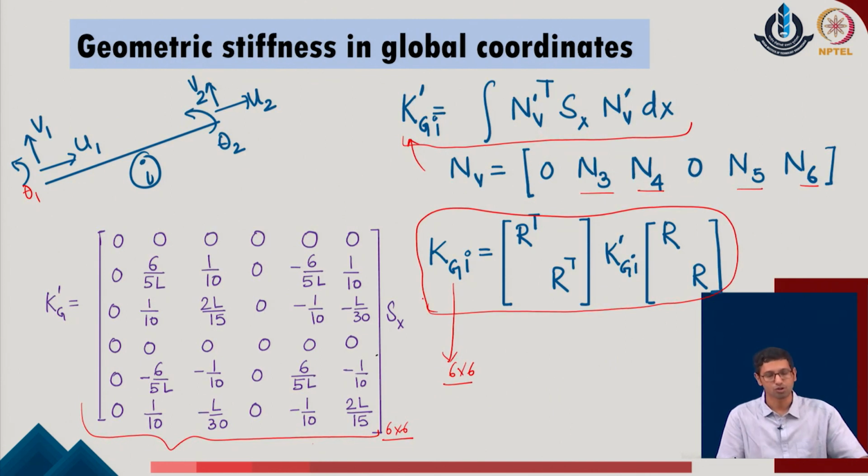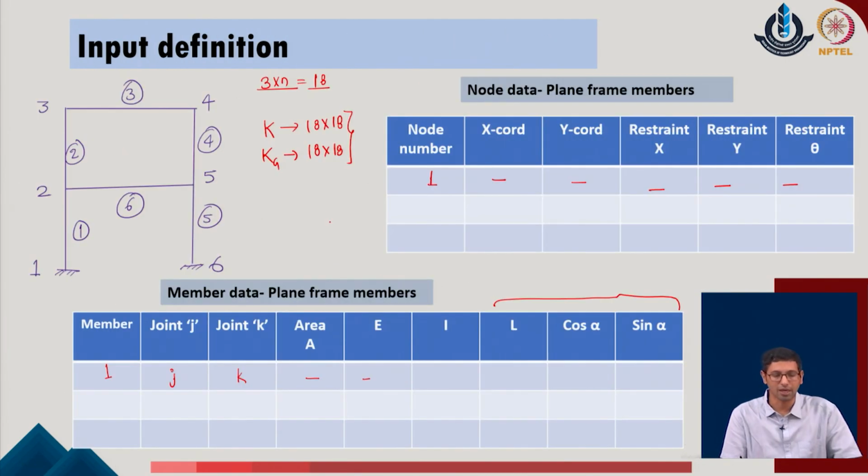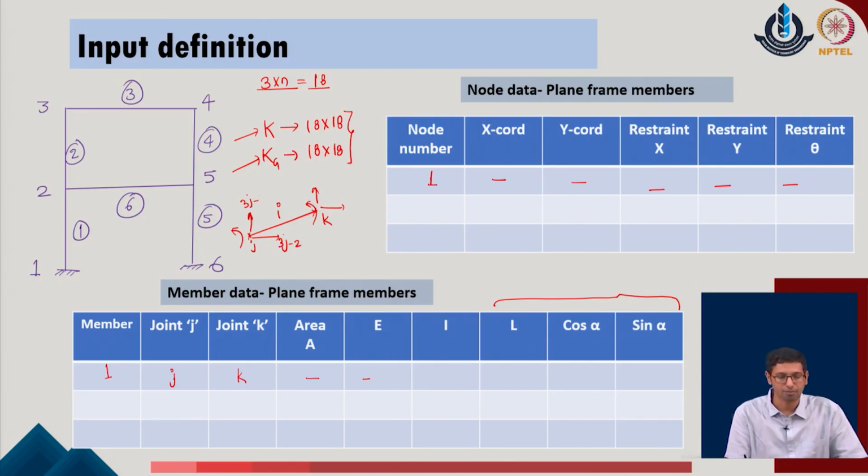So, once we have the geometrical and the linear stiffness for each of the members, we can apply the individual contributions in the given k and kg matrices of the system by considering that for any member, say the ith member, for which the joints j and k are defined, the individual degrees of freedom which the given system will entertain will be located as 3j minus 2, 3j minus 1 and 3j, whereas for the other joint they will be 3k minus 2, 3k minus 1 and 3k.